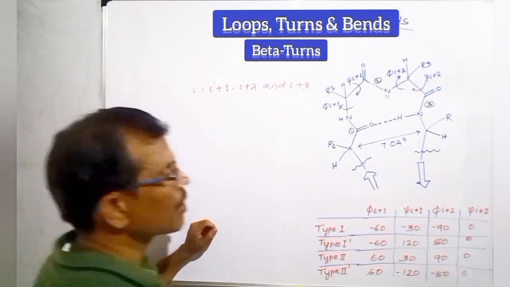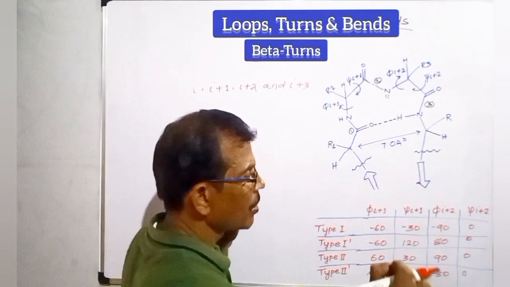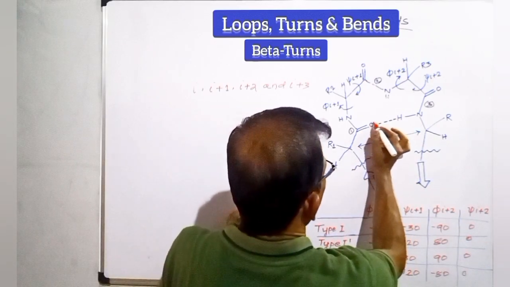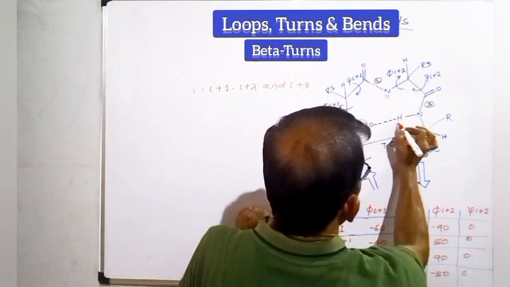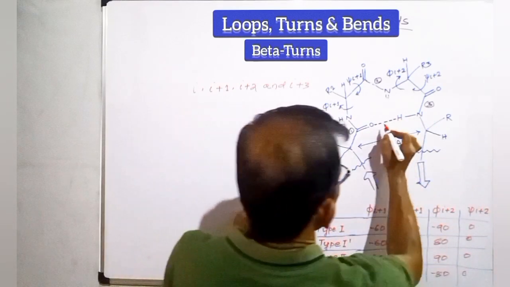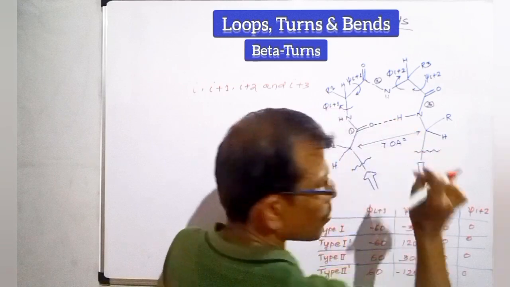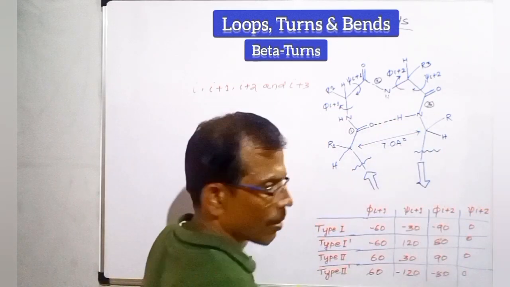Each beta turn is stabilized by an inter-residue hydrogen bond which connects the carbonyl oxygen of the first and the amide hydrogen of the fourth amino acid. So this is the inter-residue hydrogen bond which provides stability to the beta turn.